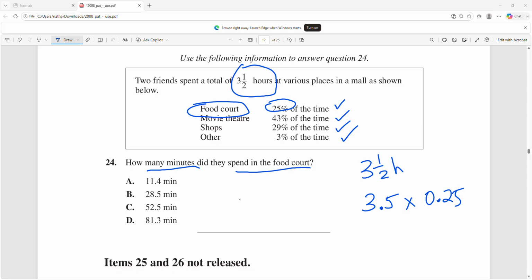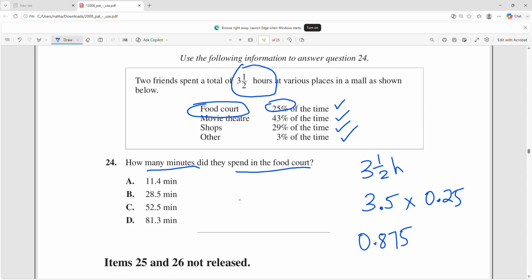Now that's saying 0.875 hours, right? Hours. But they asked us for minutes. So how do we convert hours to minutes? How many minutes are there in an hour? An hour has 60 minutes.